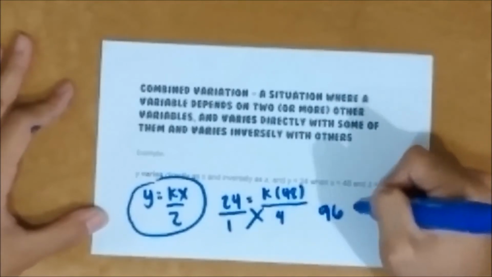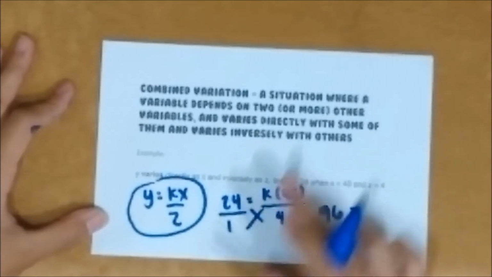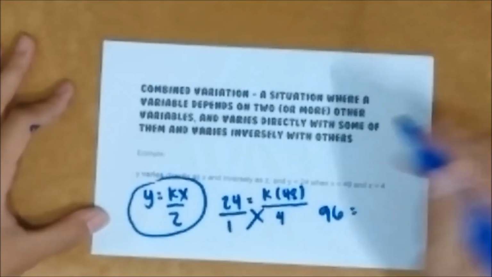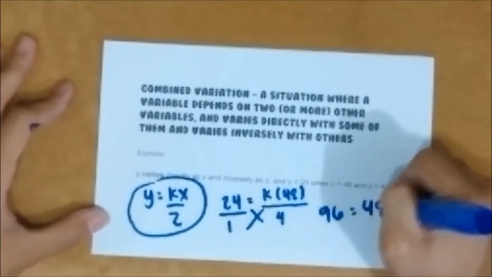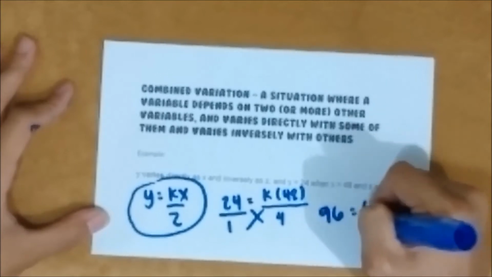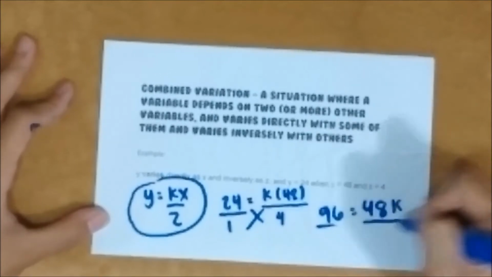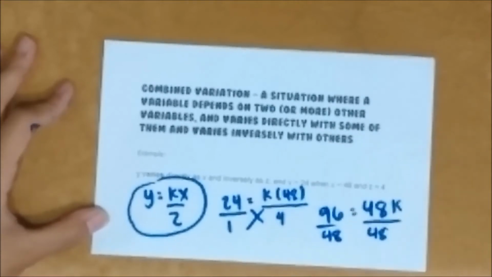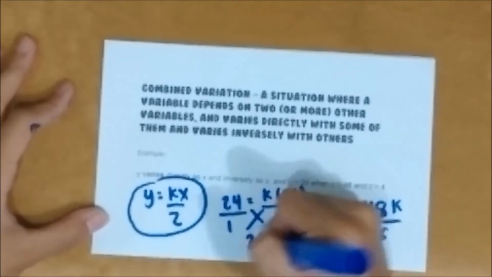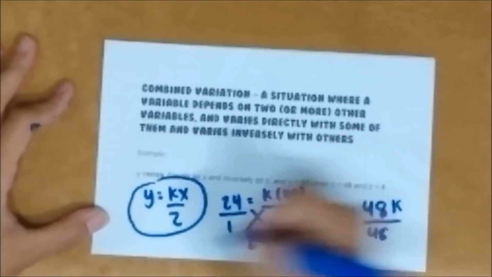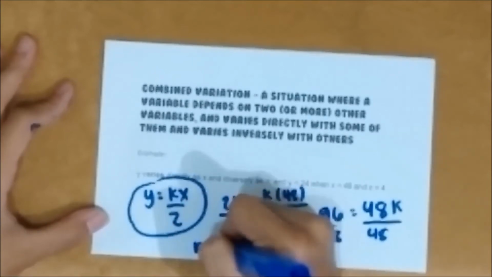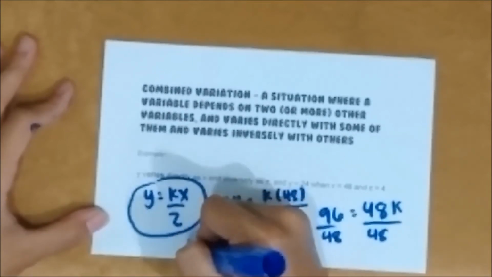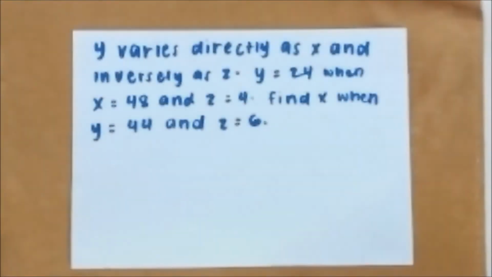And 1 times k times 48 is 48k. And in order to simplify, we must divide both sides by 48. Therefore, 2 is equal to k, or k is equal to 2. There. And now, on to the second example.